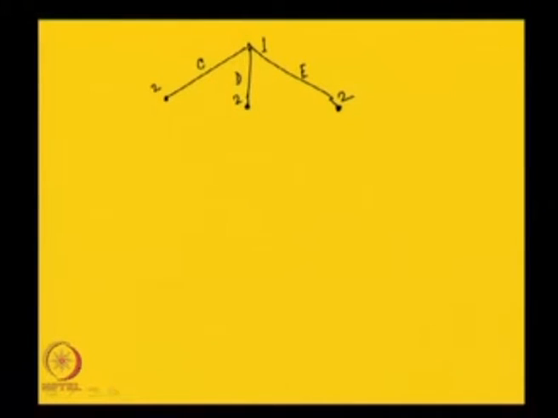So, player 1 has three actions in stage 1, that is after the history phi: C, D and E. If he chooses C, then player 2 gets to move, and he will have two options.